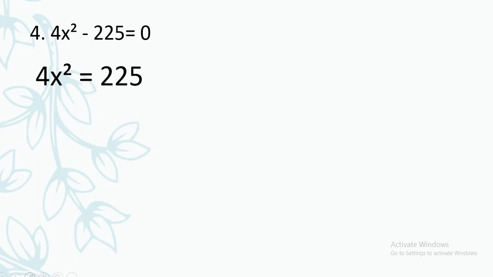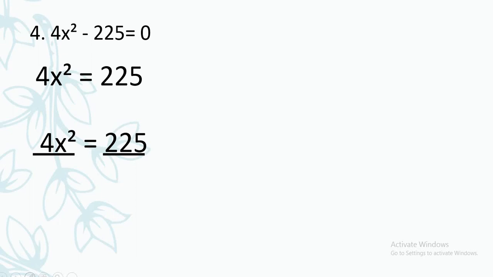Okay? Then, another. Meron pa tayong 4 sa katabi ni x squared. So what method are we going to use again? Division property of equality. So, ano nga yung ilalagay natin sa kanyang denominator both sides? Kung ano ang value ni A. Ano ang value ni A? 4.